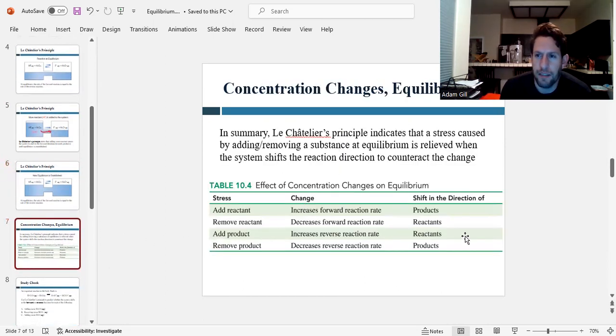Now, here is a little chart showing the stress and the shift in equilibrium. So if you add reactant, the equilibrium will go in the forward direction towards products. Now, if you remove reactant, equilibrium will shift in the reverse direction.